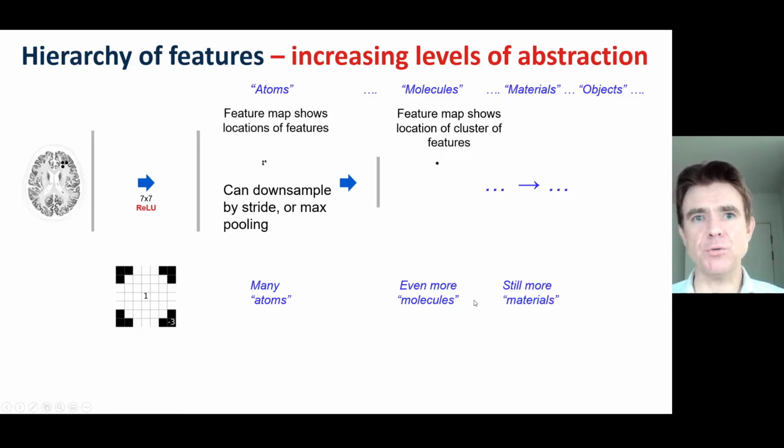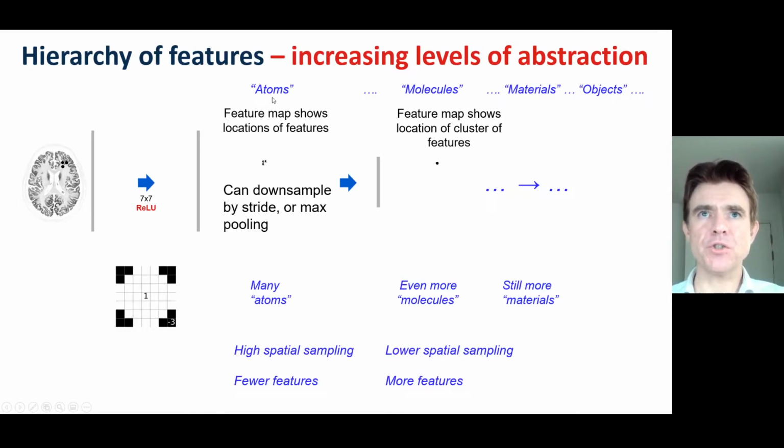So the point to note here is that at this first level, we have relatively few features, because there aren't that many atoms in existence, if you like. There aren't that many edge feature detection kernels that can be found. And we can have high spatial sampling here, just like we would have high atomic level detail.